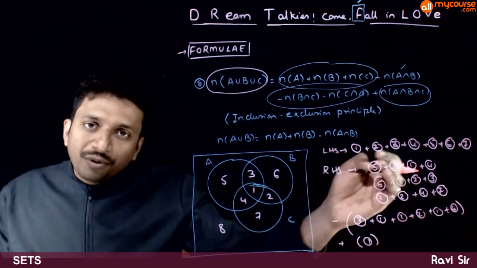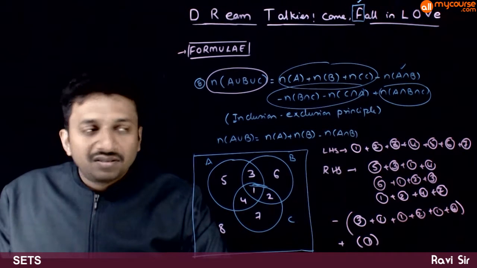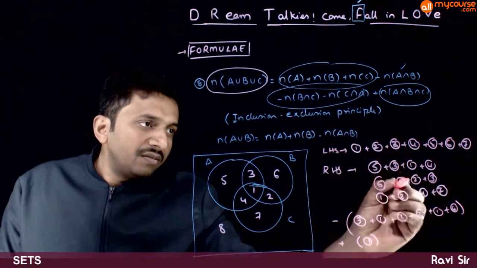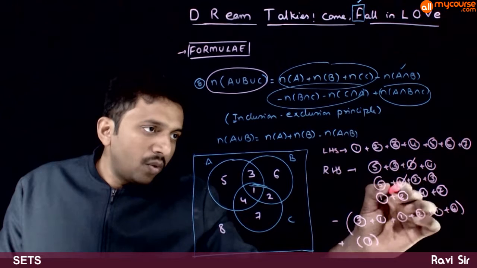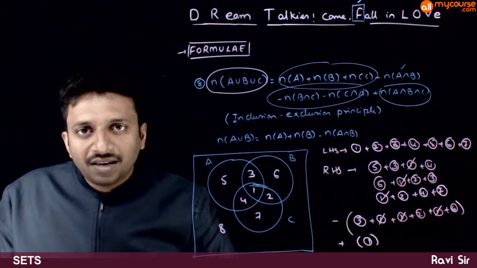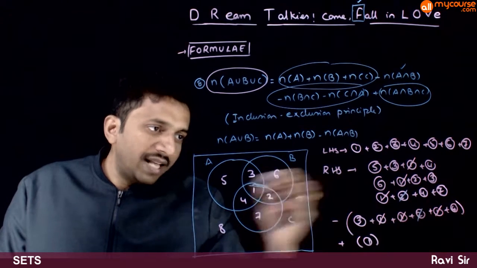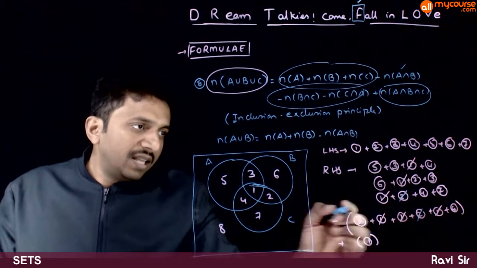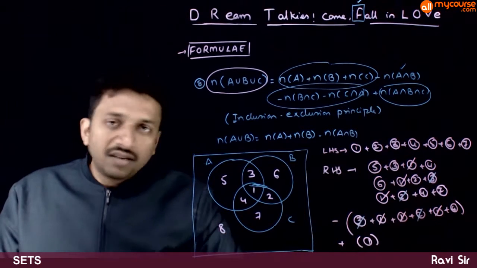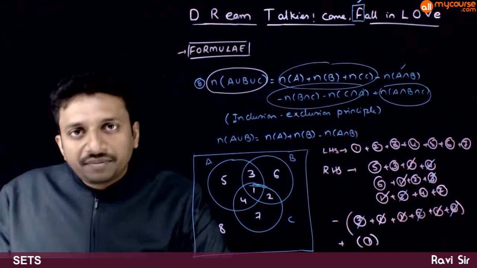Now let us see if you do all of this, are you getting the same as the LHS? Can you see the 1s, three ones have been cancelled out. Next, a 2 here, a 2 here has been cancelled out. A 3 here, a 3 here has been cancelled out. A 4 here, a 4 here has been cancelled out.